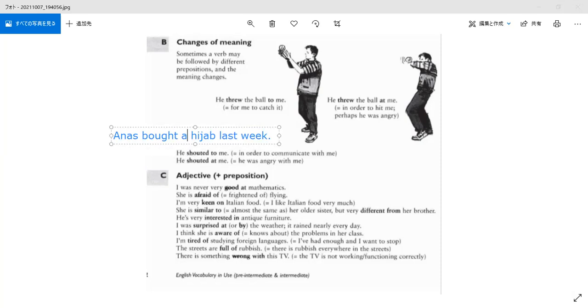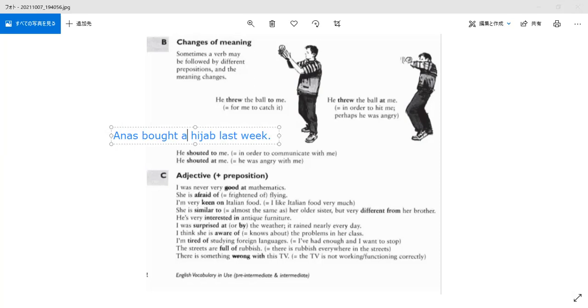I mean, fundamentally, kayak kalau misalnya ditambah new kan jadinya Anas membeli jilbab yang baru minggu kemarin, right? Tapi kalau misalnya dihilangkan new-nya, jadi kan Anas beli jilbab minggu kemarin.